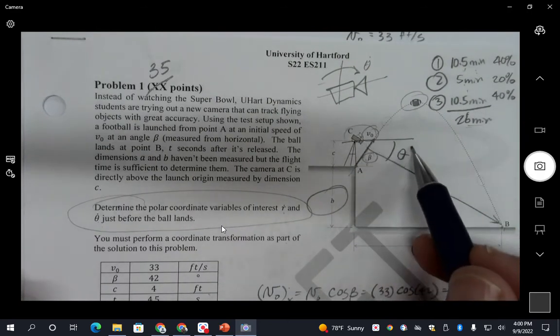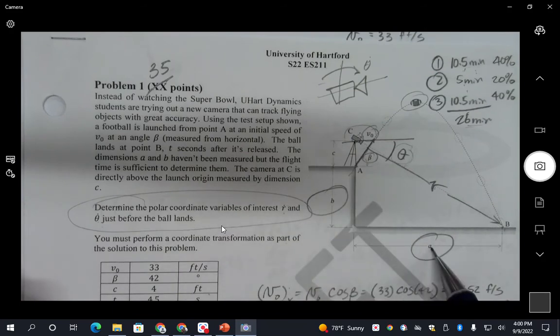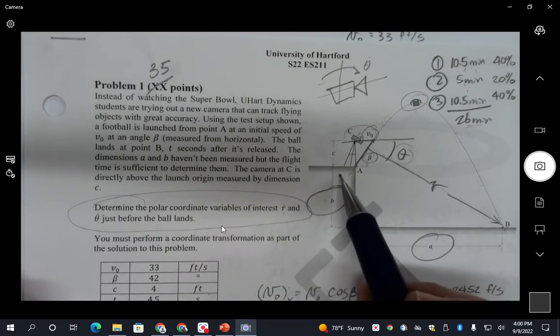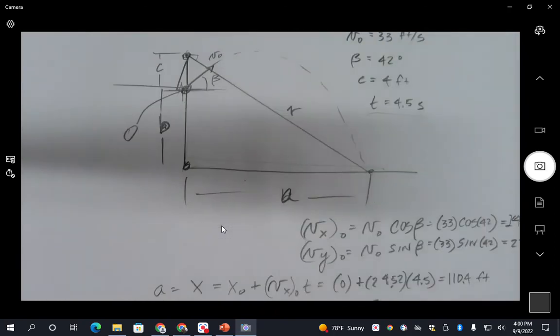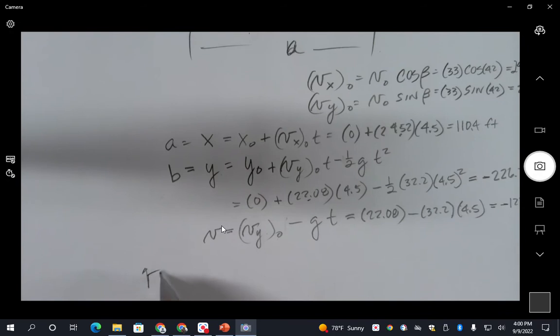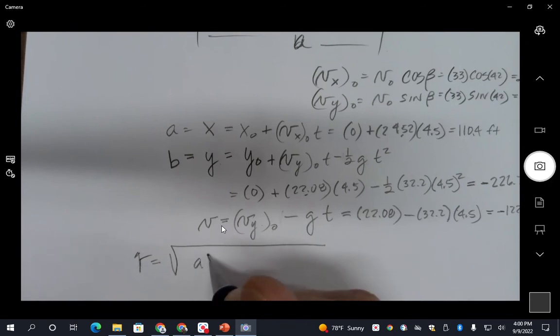So we're going to be able to find this theta and this r. We found A and we found B. Now we just need to add C to B, so that r is equal to the square root of A squared plus (B plus C) squared.